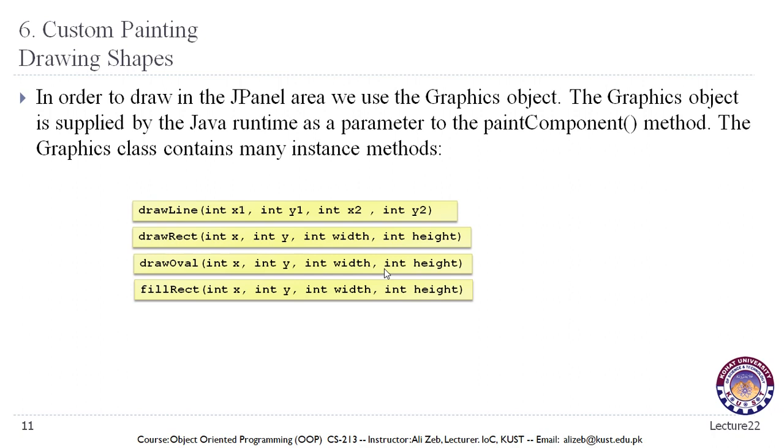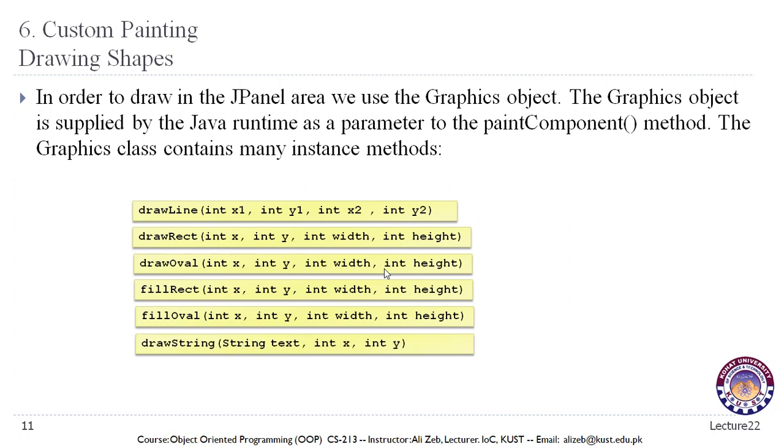fillRect will draw a filled rectangle in the default color or the color that we have set already. fillOval will draw a dark oval by default, or a filled oval with the color that we have set already. drawString will draw a string.